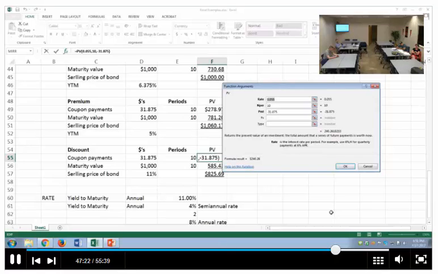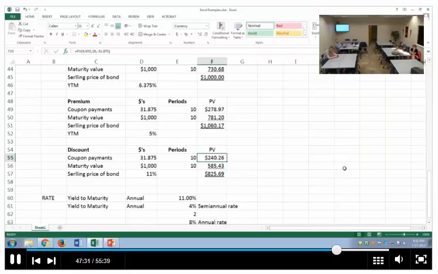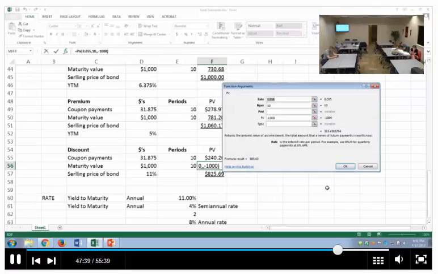So if I click OK, then this is the present value of the interest. Then if I go down here, I put in the negative 1,000. Again, the number of periods is 10. And again, I get the semi-annual yield to maturity.